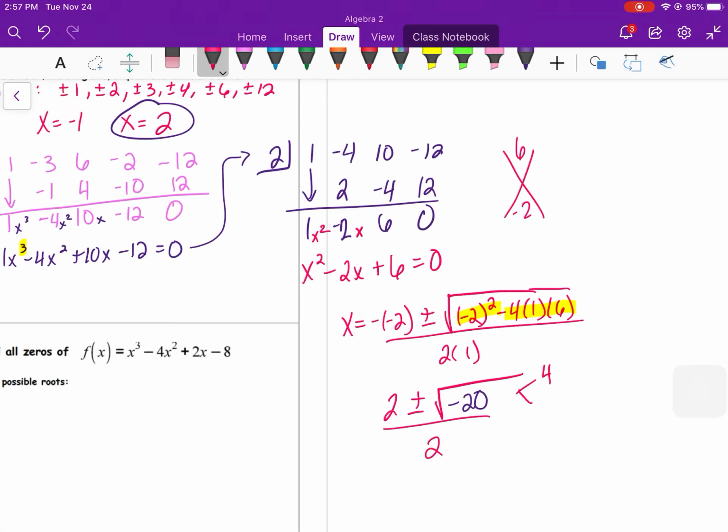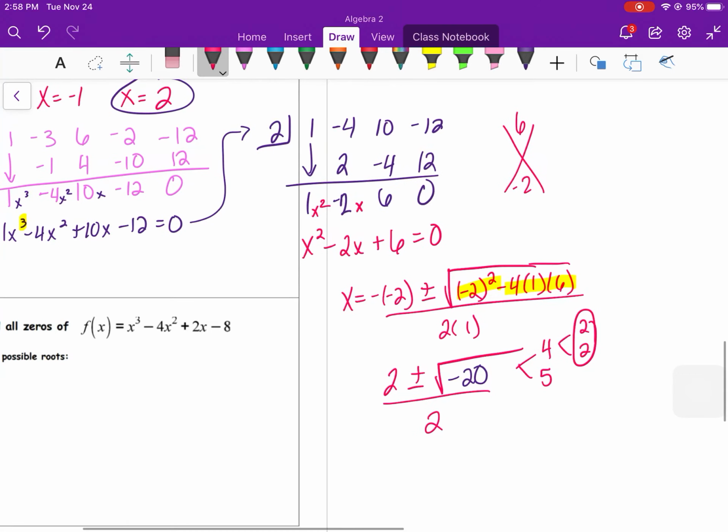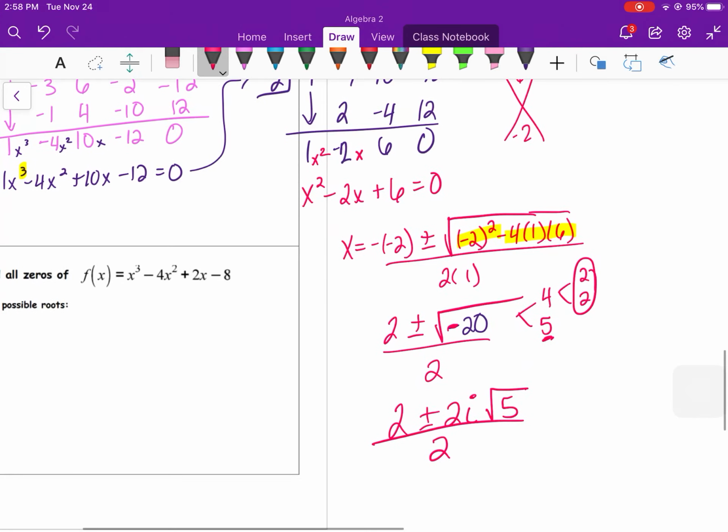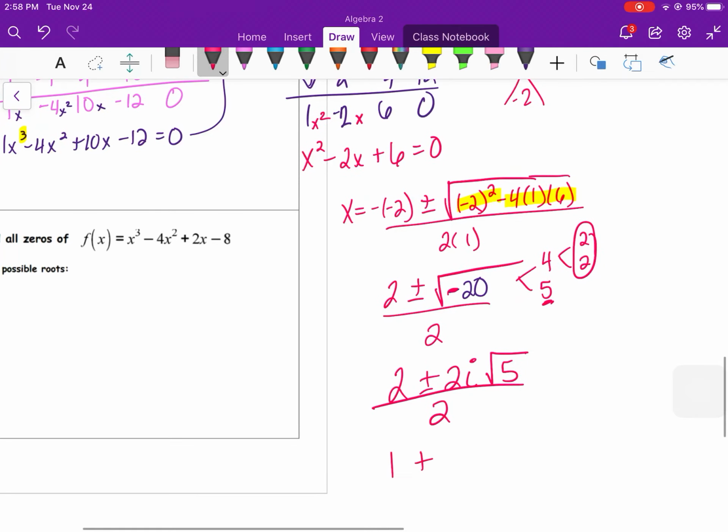So let's see if I can break that down. It's 4 times 5, which is 2 times 2, so I can pull out a 2. And it's going to be imaginary since it's negative, so it'd be 2 plus or minus 2i square roots of 5 all over 2, which can reduce one more time, divide all by 2: 1 plus or minus i square roots of 5.